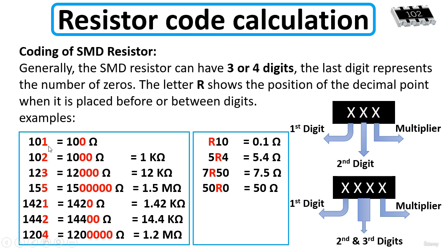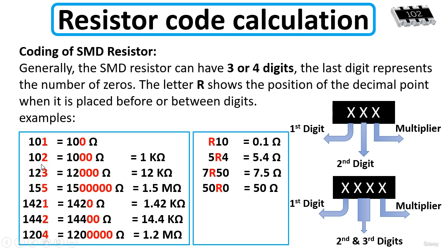If you find this code on the resistor, 101 means 100 ohms. The 1 means we add one zero. 102 means 1000 ohms.